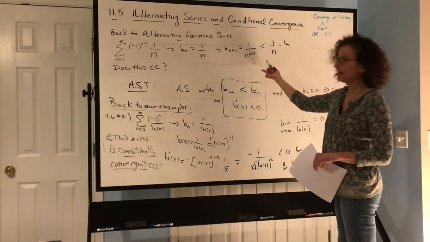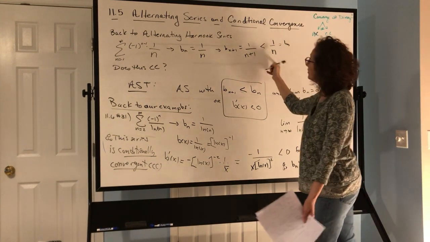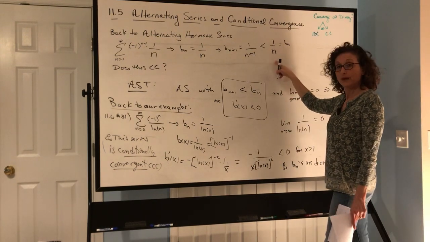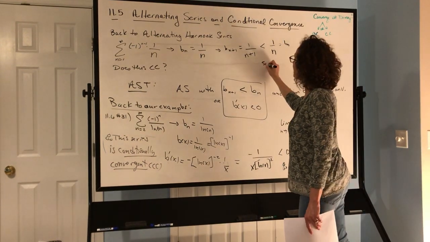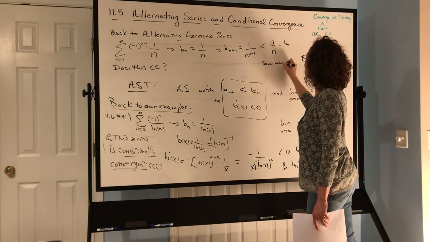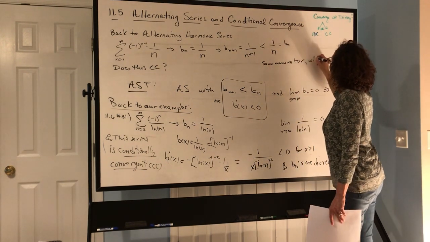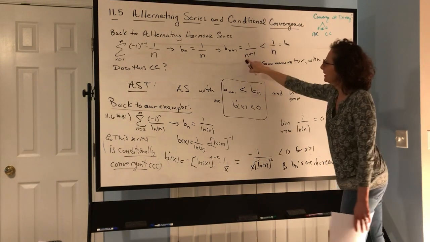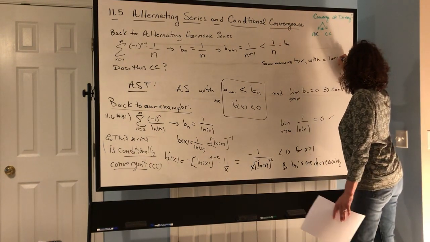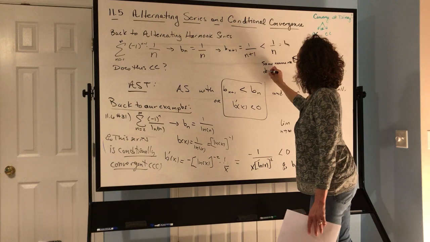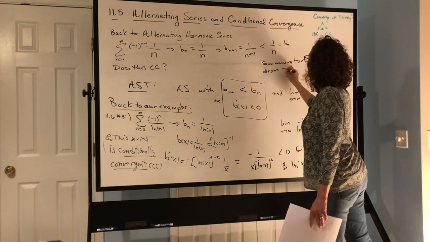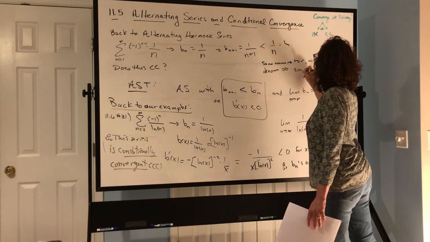Why do you know that that fraction is smaller than that fraction? Because we've got the same numerator, 1, and this guy has a larger denominator. A larger denominator gives a smaller fraction.